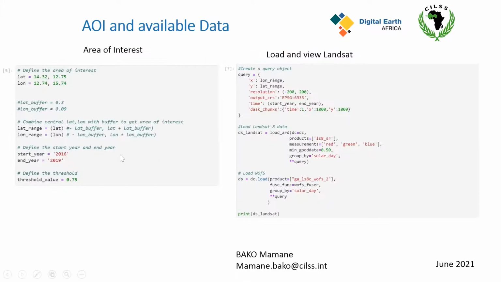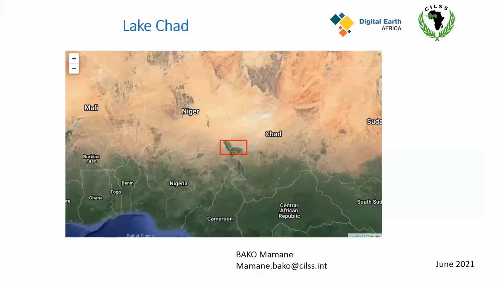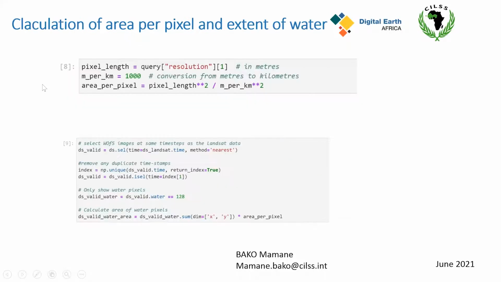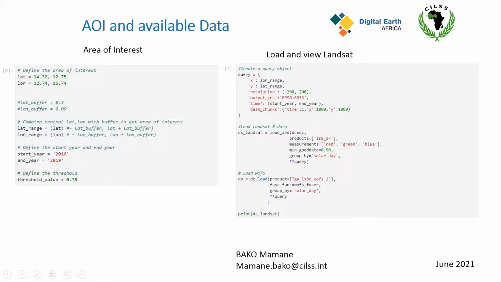Okay. So what we did, first of all, after loading the package, all that is needed to run the script is to define the area of interest by choosing the minimum and the maximum in terms of latitude and longitude.